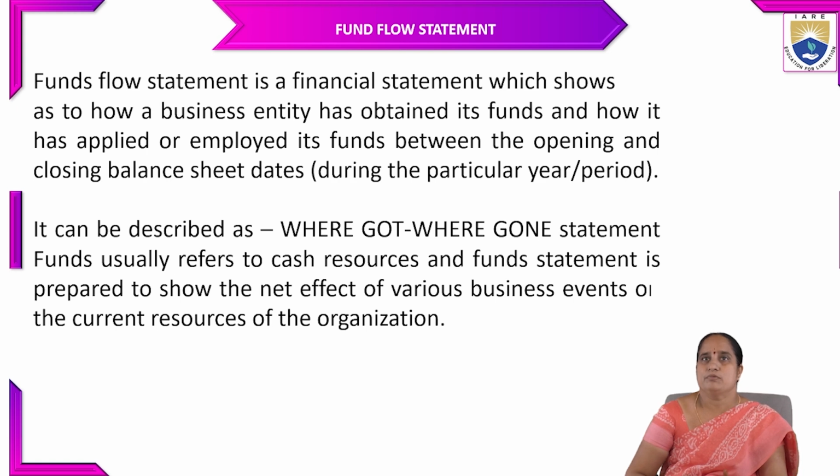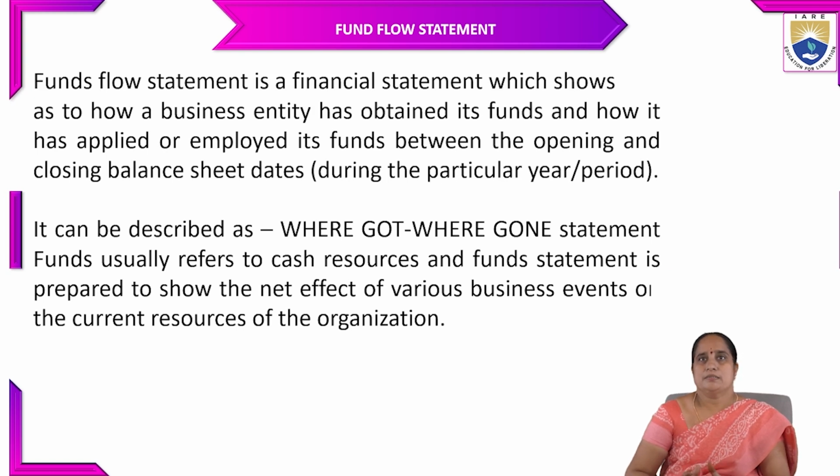In the same manner, even in the case of fund flow, we discuss the sources of funds and application of funds. It can be described as a "where got, where gone" statement, and funds usually refers to cash resources. A fund statement is prepared to show the net effect of various business events on the current resources of the organization.